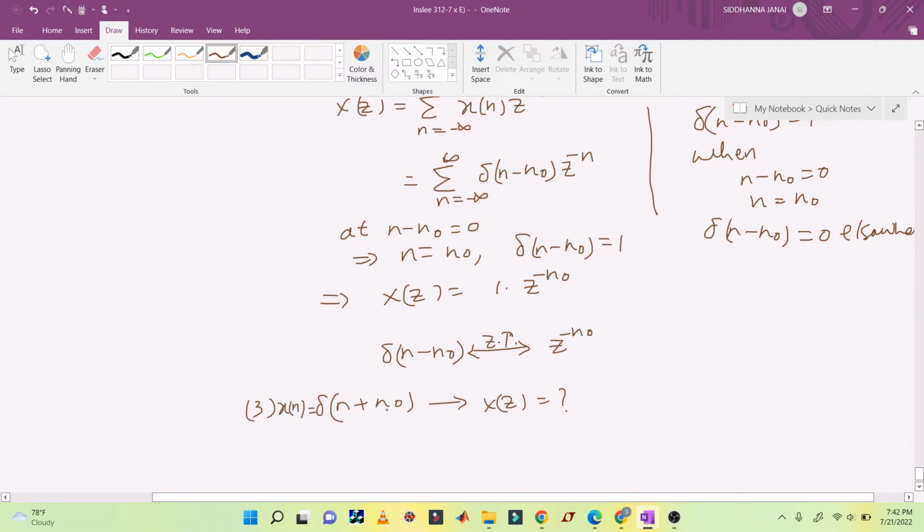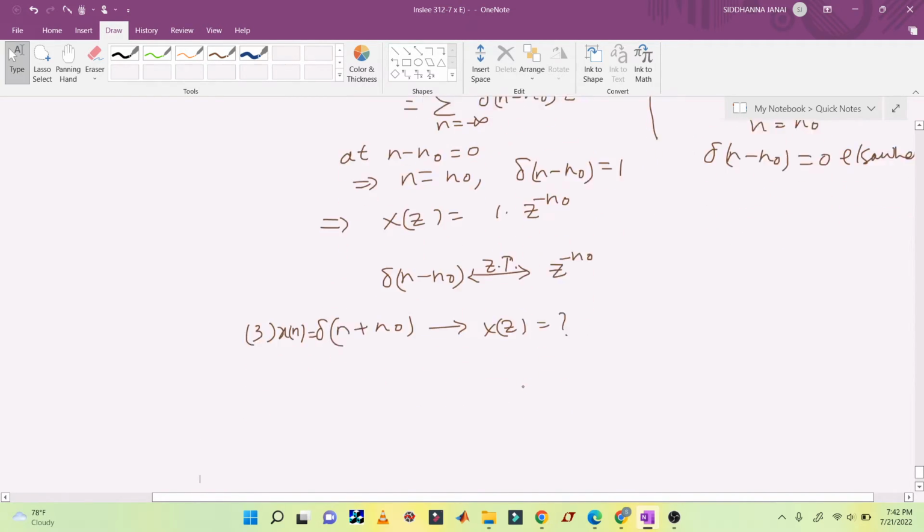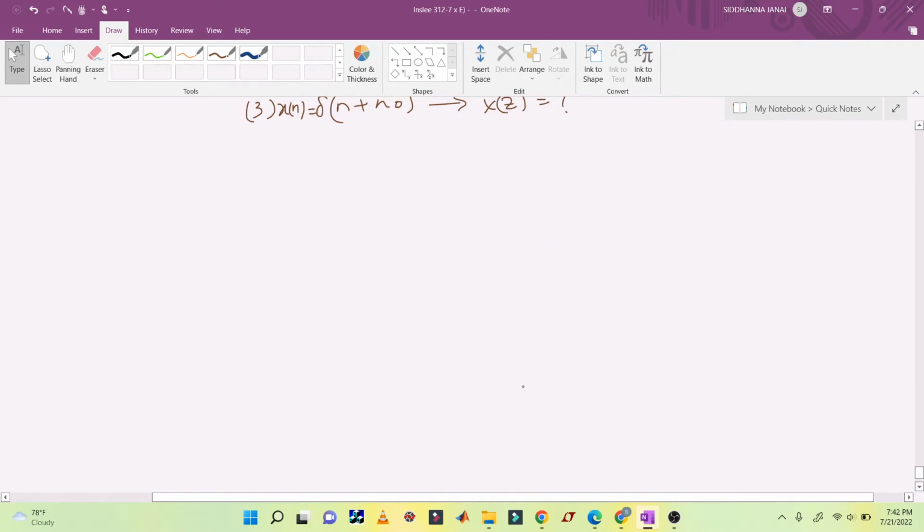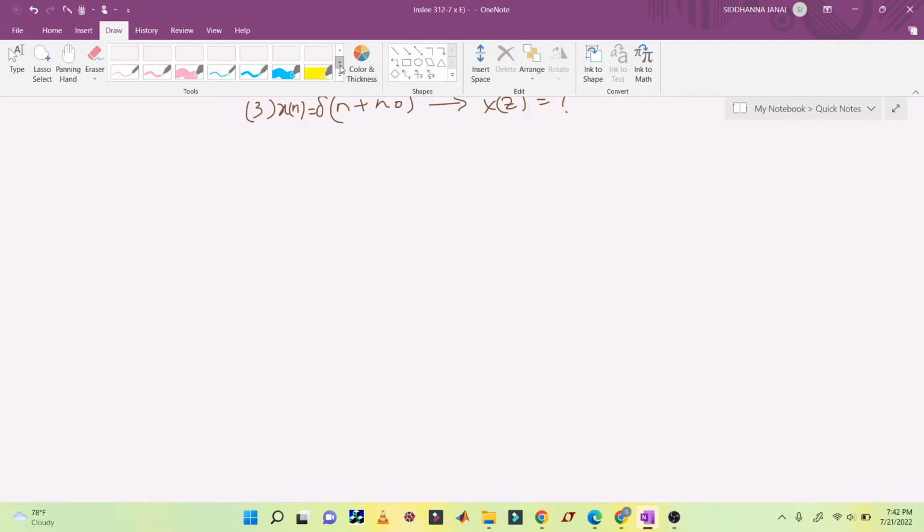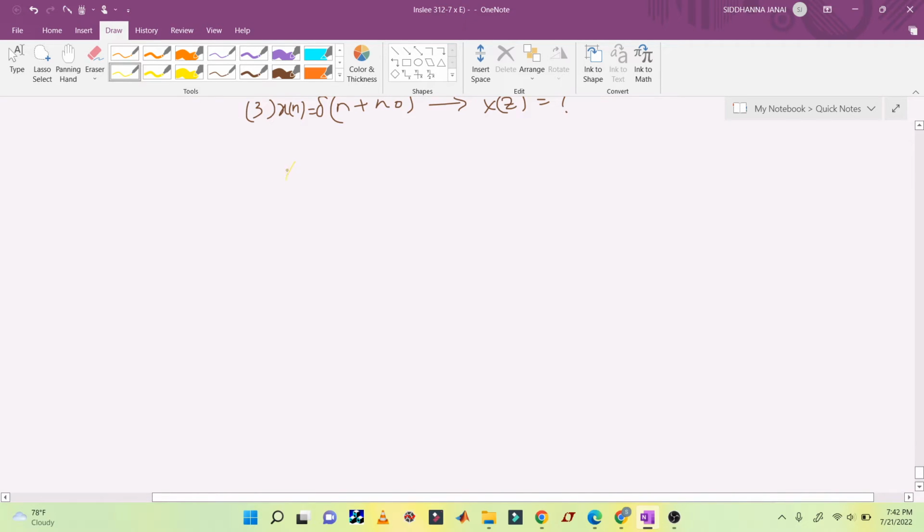x of n is equal to delta of n plus n naught. Then what is x of z? So we have the equation.